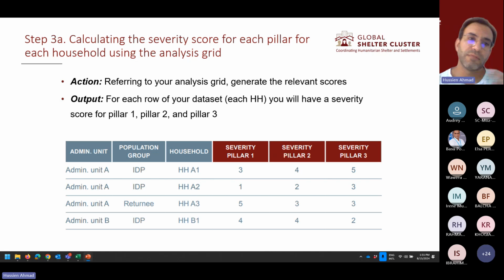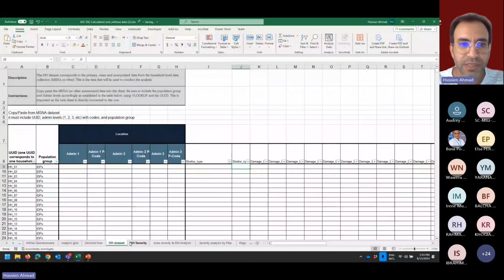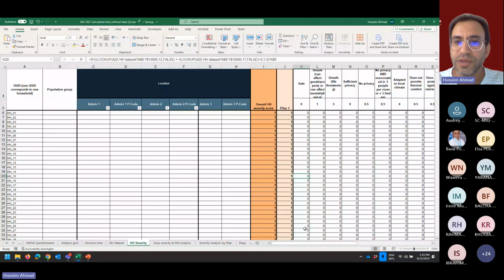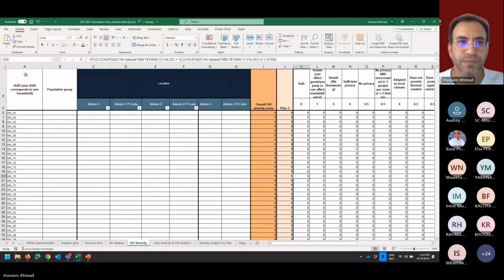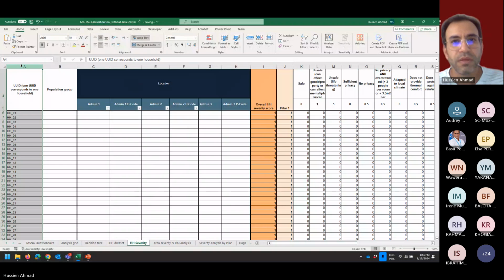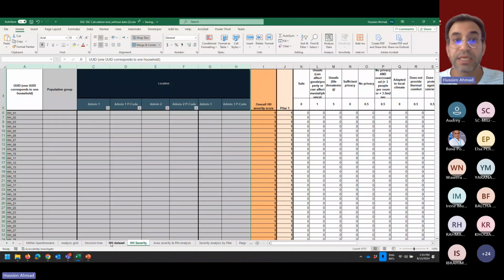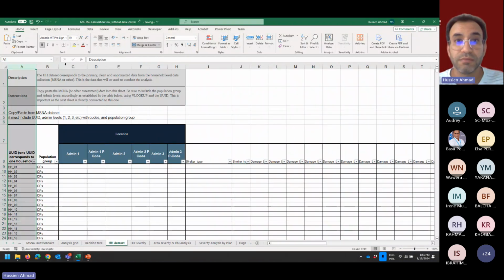Then, once we have, again, household level data, we will calculate the severity score for each pillar, for each household using the analysis grid. As we said last time, so here you have, again, the columns A to H are the same, exactly the same in this one.